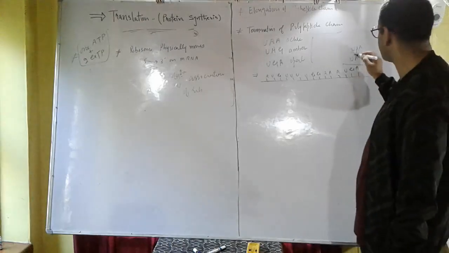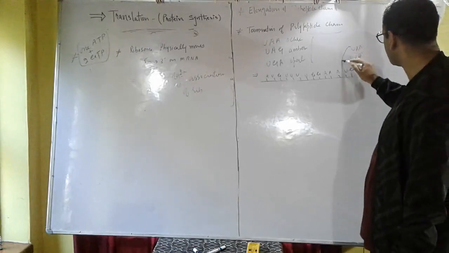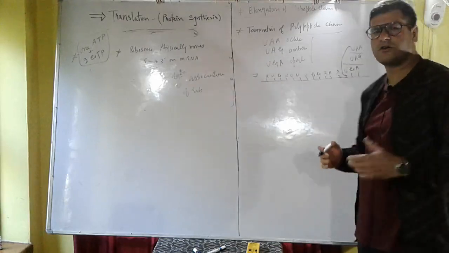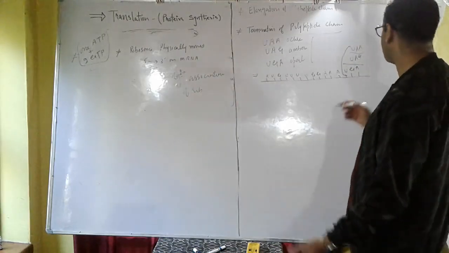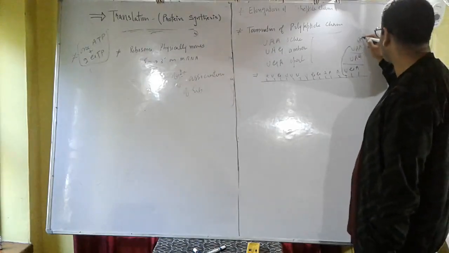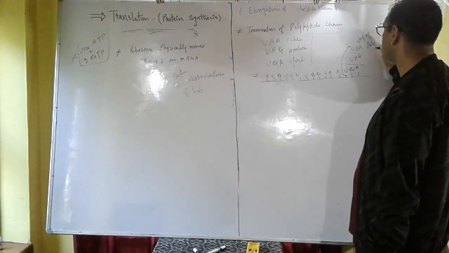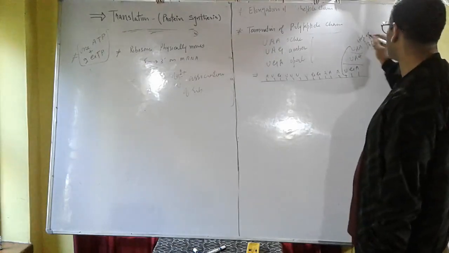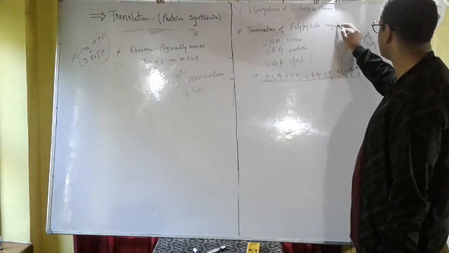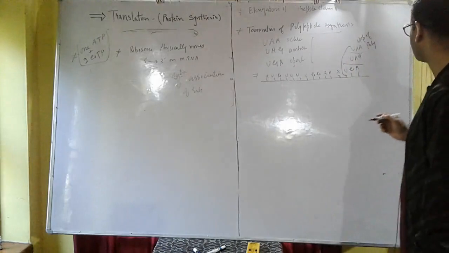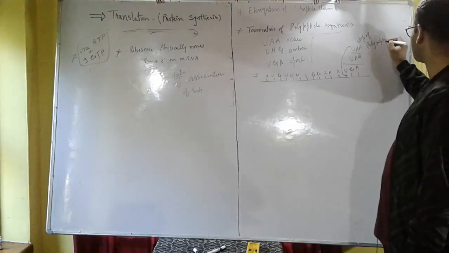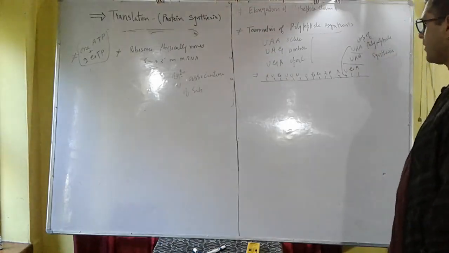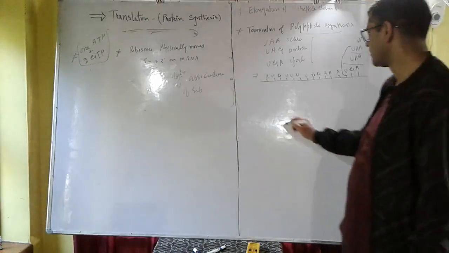These 3 codons, UAA, UAG, UGA, are not read by any tRNA. As a result, they signal the stop of polypeptide synthesis.